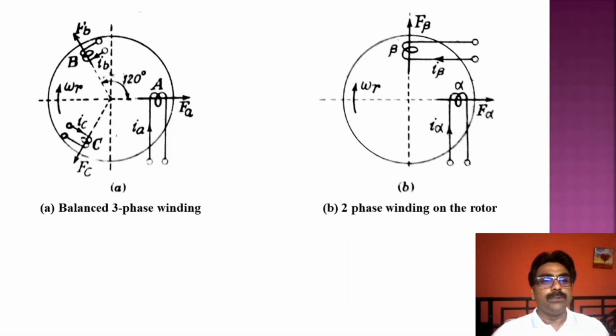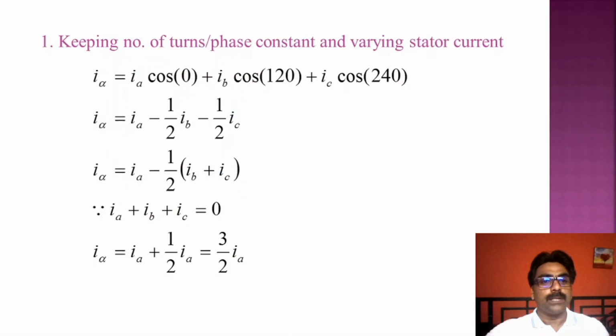You need to compare these two diagrams in order to write these equations. So I alpha is Ia cos 0 plus Ib cos 120 plus Ic cos 240. What we are doing here is trying to make the equivalent phase currents for the two-phase system from the three-phase system.